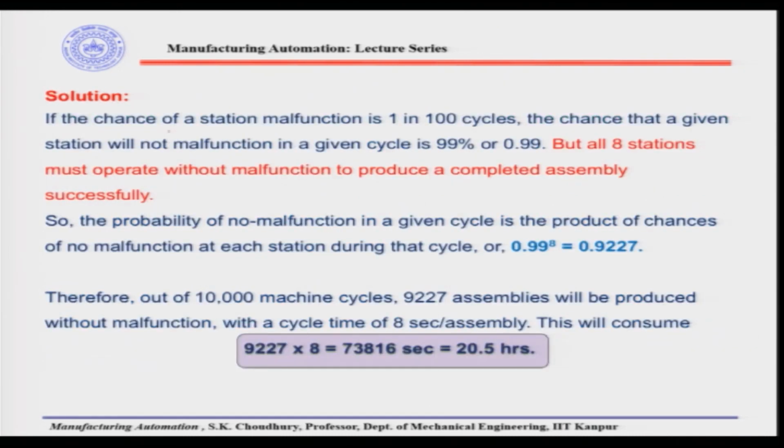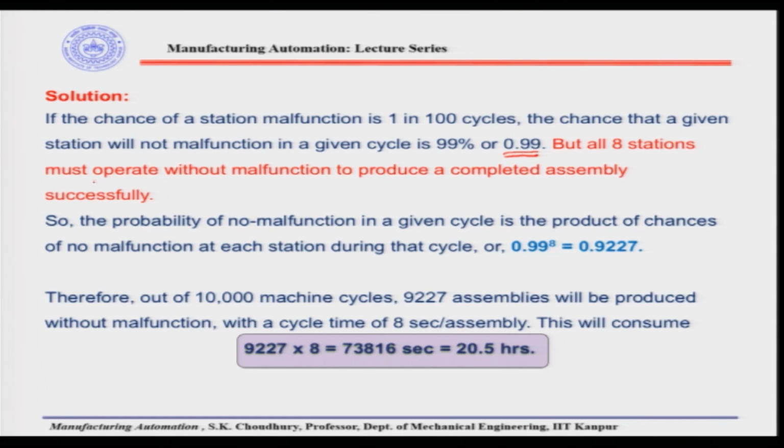If the chance of a station malfunction is 1 in 100 cycles, the chance that a given station will not malfunction in a given cycle is 99%, or the probability is 0.99. One station malfunctioning does not mean that all other machines will fail, so this probability stands valid.